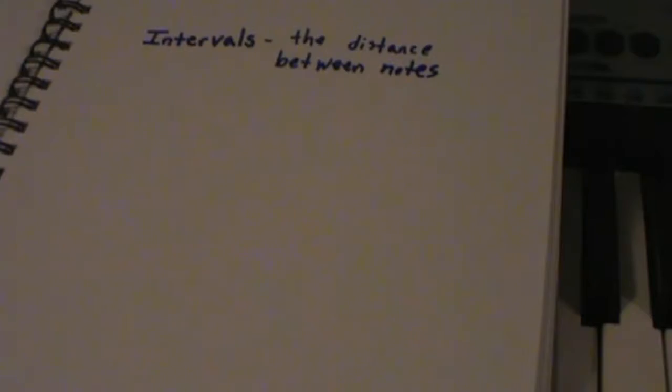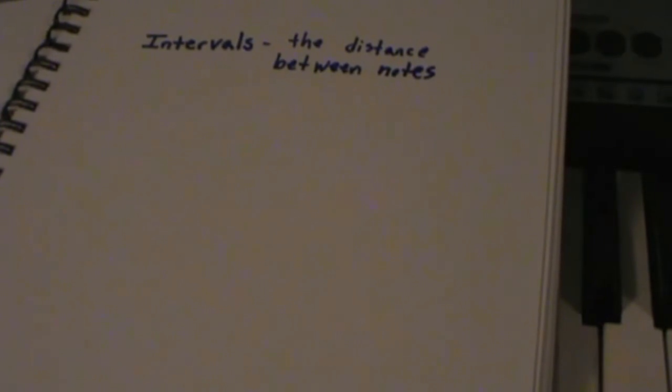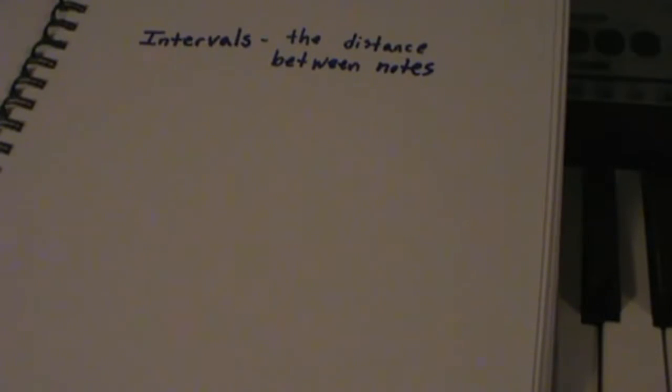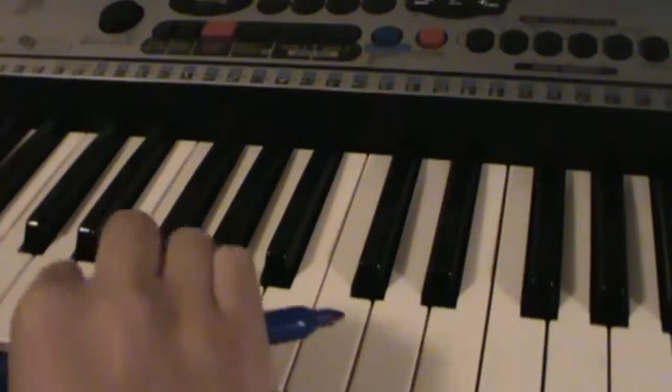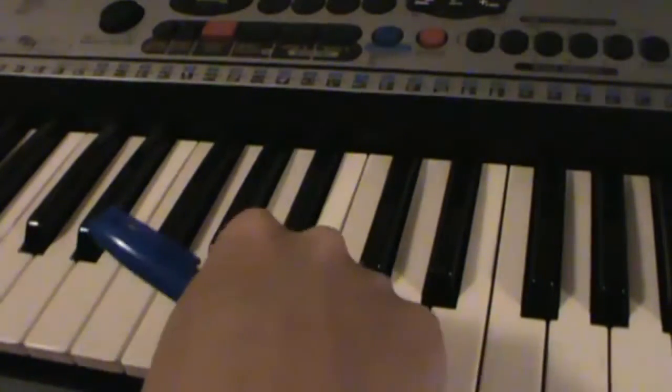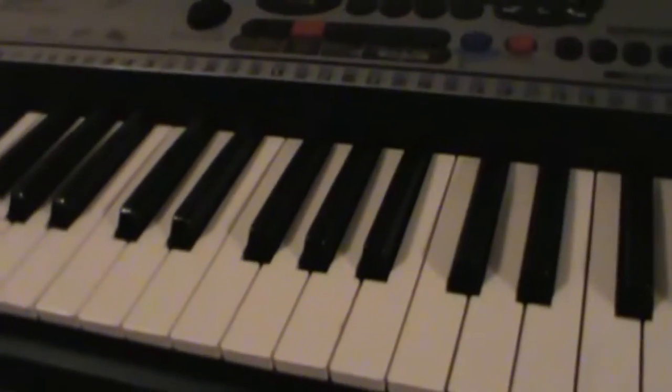I know I use intervals when I'm listening to songs to try to figure out how to play them. There are 12 intervals because there are 12 notes. 1, 2, 3, 4, 5, 6, 7, 8, 9, 10, 11, 12. So 12 notes, 12 intervals. It's not too hard.